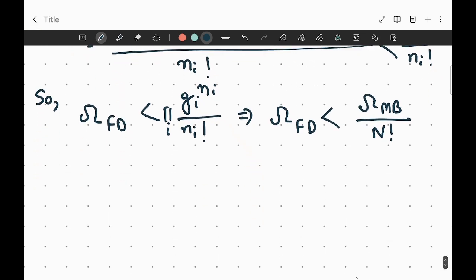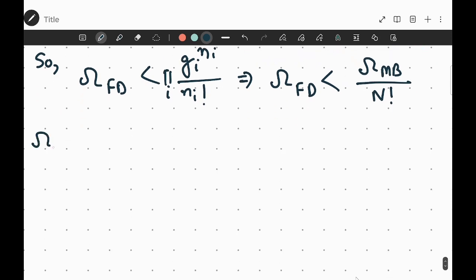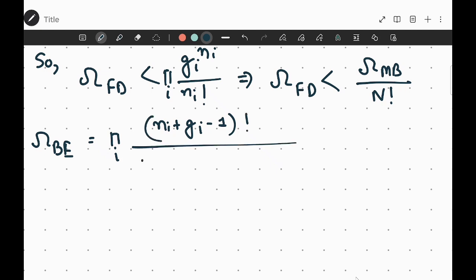Okay. Now take the Bose-Einstein. So Bose-Einstein was ni plus gi minus 1 factorial divided by ni factorial into gi minus 1 factorial. Am I right? Yes, this is our Bose-Einstein. So let us consider a variable shift, hi equals gi minus 1.